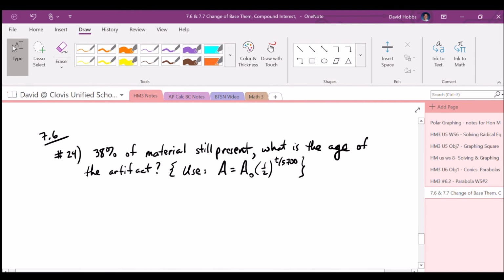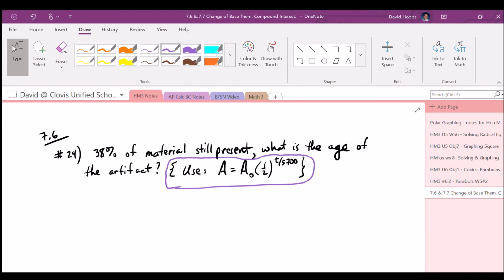Number 7.6, problem number 24. 23, 24, 25, they're telling us to use this particular formula. Now remember I told you, use whatever formula that they're telling you to use. You don't get to use the formula that you want; you use the formula that they're telling you.